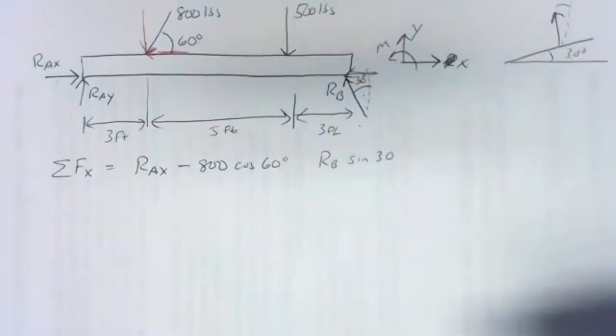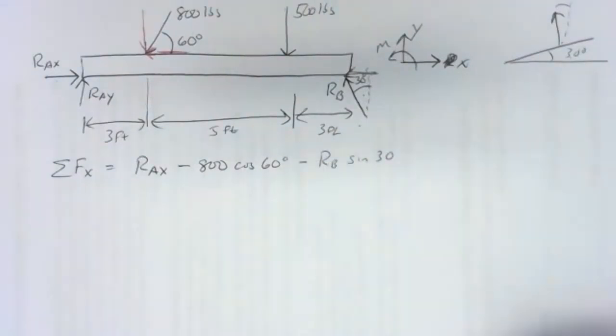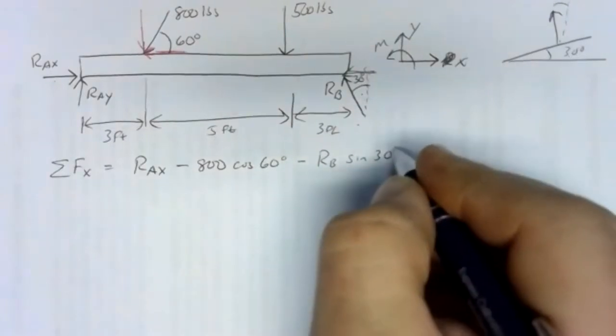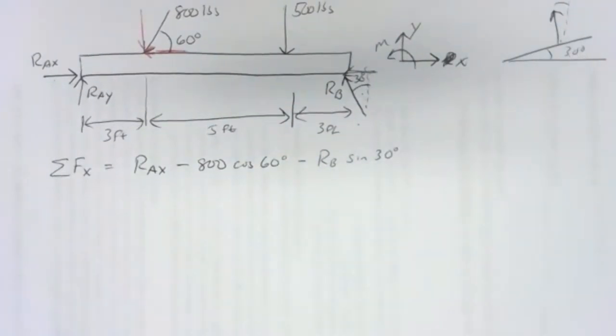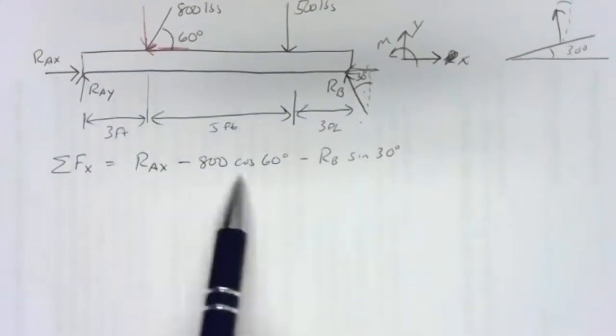That's the piece of RB that is pushing to the left, and since it is pushing to the left, we put that in as negative. So that's our sum of forces in the x direction. Nothing else has an x component, just three vectors, so three terms.